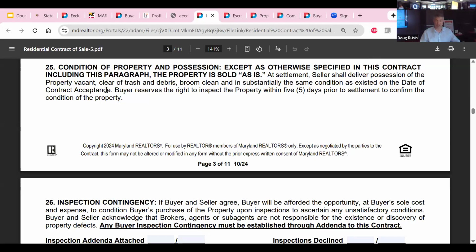So this paragraph still sets forward the obligations that the seller has to actually get it up to a certain standard. Now, if you want to waive paragraph 25, that's called the additional as-is provisions addendum, but that's a pretty crazy addendum. It basically says, no, this is for real as is. It can be a hoarder house, there can be squatters in there.